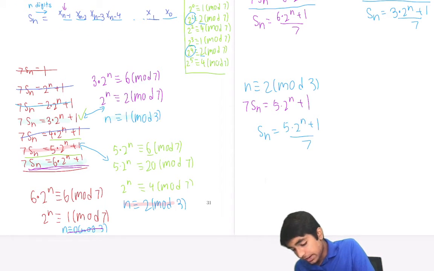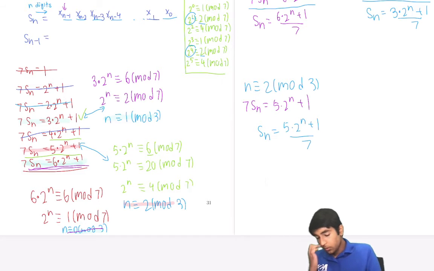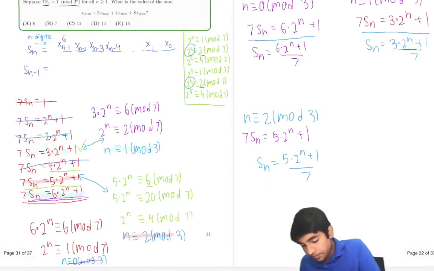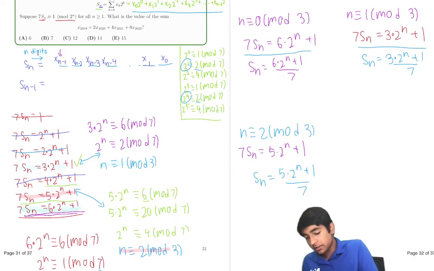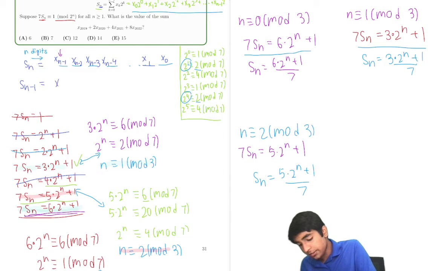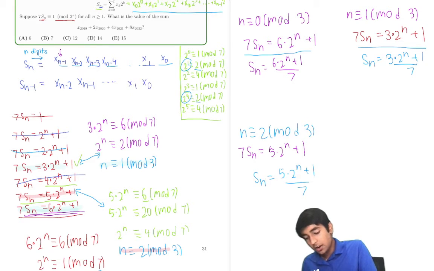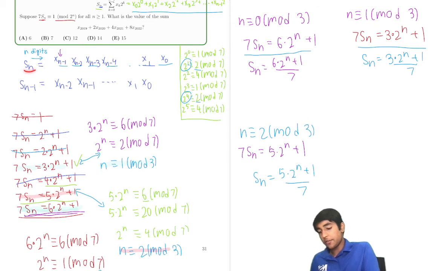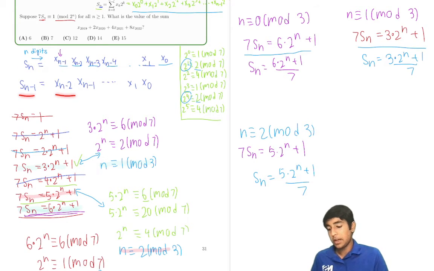What about S of n minus 1? Well, that's something very similar, except because we only have n minus 1 digits now, it only goes from x of n minus 2 down. Remember how for S of n, we start at x of n minus 1, but for S of n minus 1, we start at x of n minus 2.